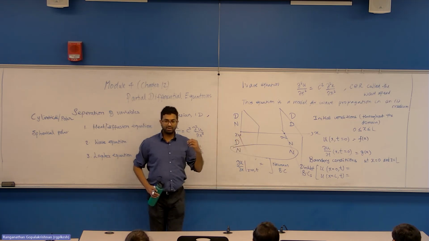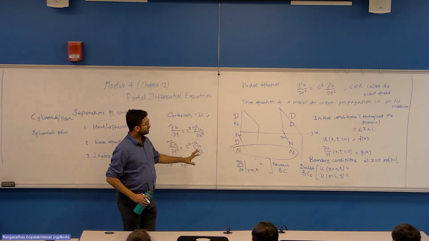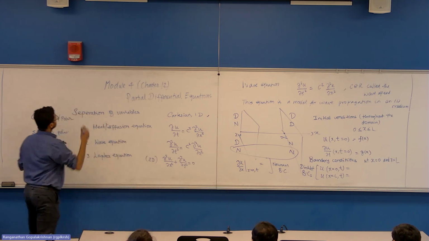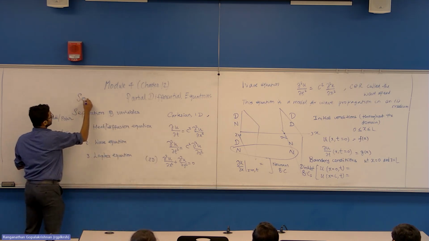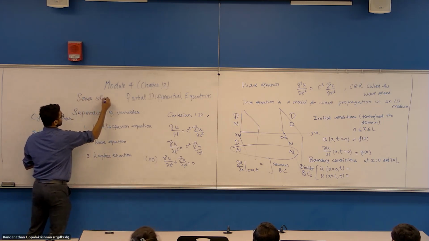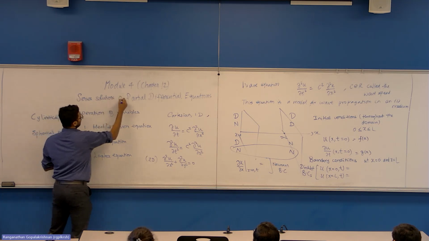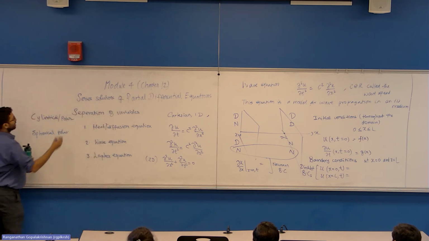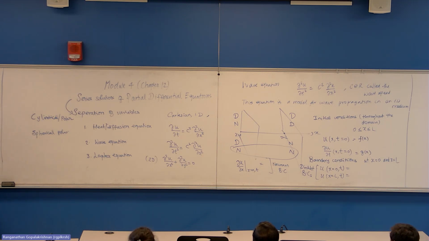But what we are specifically seeking in this unit is obtaining series solutions of PDEs, and the technique we use for that is called separation of variables. That is why this unit connects heavily with what we saw in the previous unit.